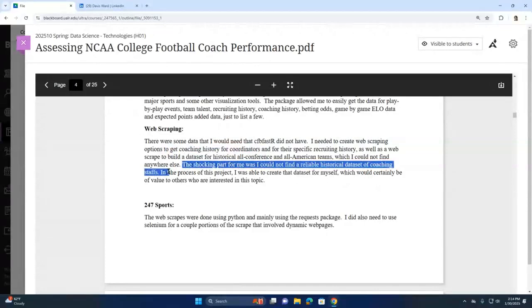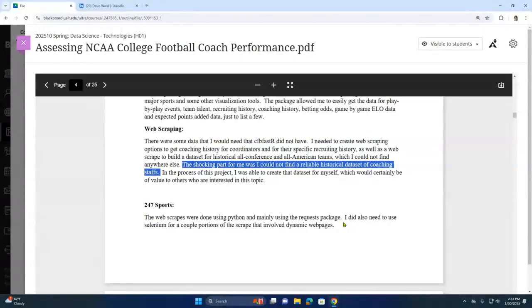And as I say, in some cases, you go down an alley and you have to just say, yeah, I was so interested in getting coordinator data. And it turns out he really had a lot of difficulty finding a reliable historical data set of coaching staffs.